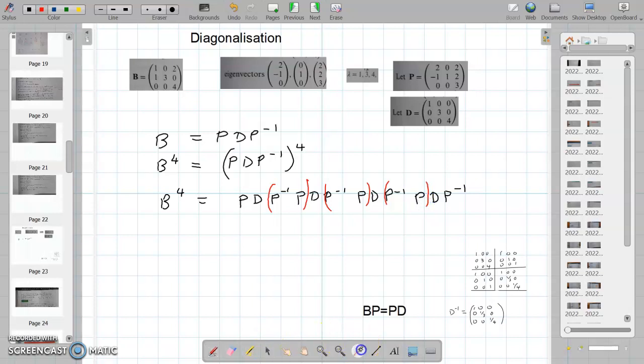So these will cancel out. So we're left with B to the 4 equals P. Now how many D's have we got? 1, 2, 3, 4. Yeah, for the power of 4. So we have P D to the 4. We counted that D, that D, that D, that D. We're left with the P to the minus 1.